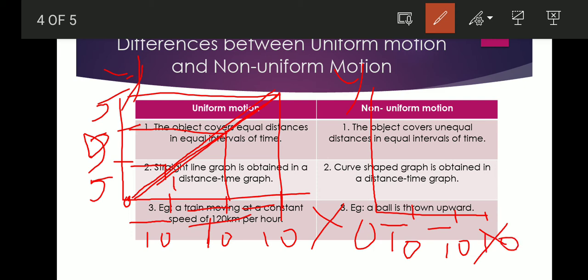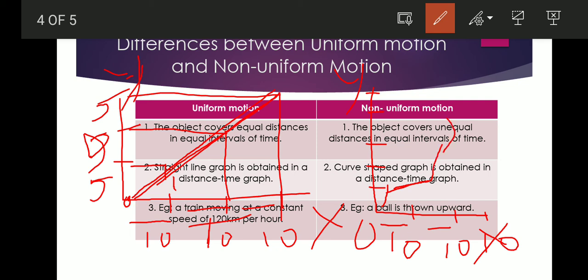Then the distance will be unequal in this case. See, initially within 10 minutes he covered this much distance. Again, if the speed slowed down, then time will increase but distance will not increase. Then again it will be like this.